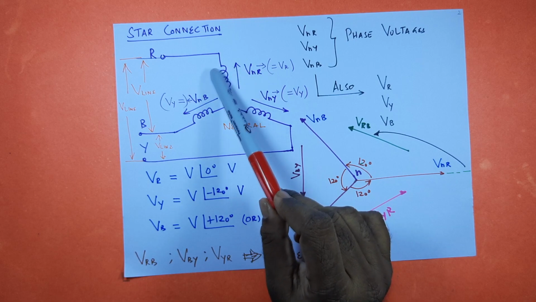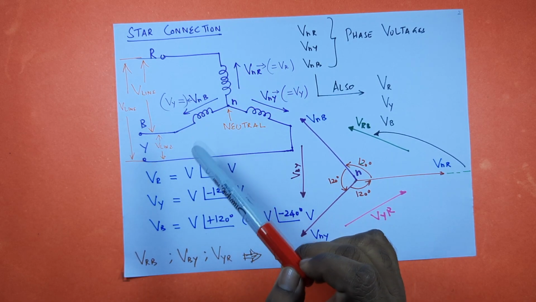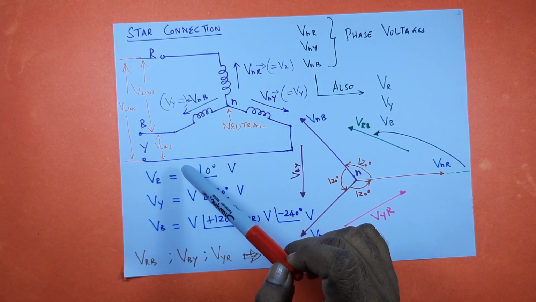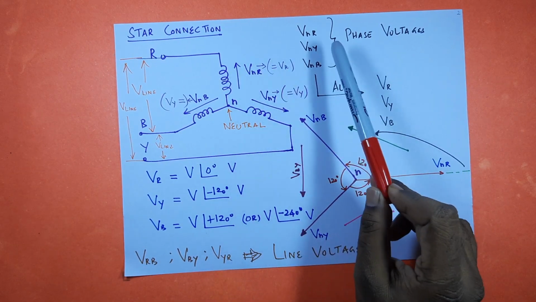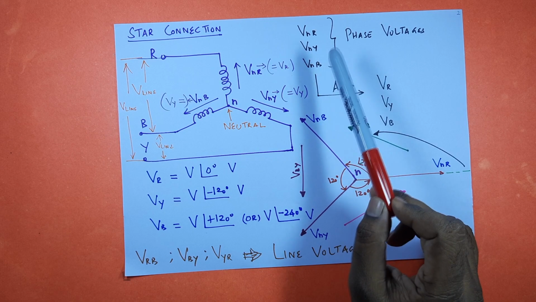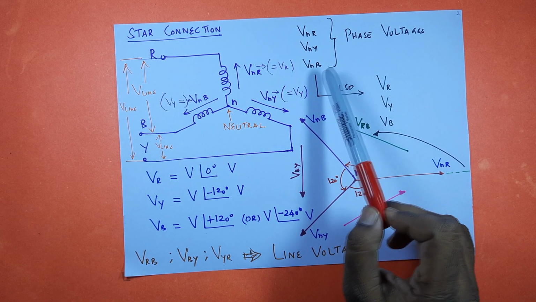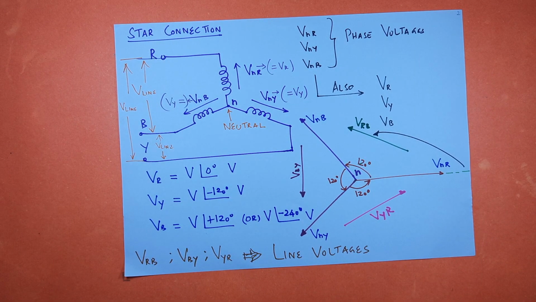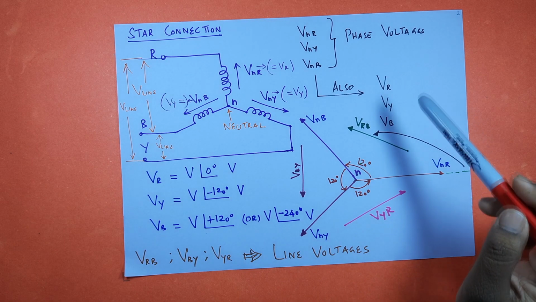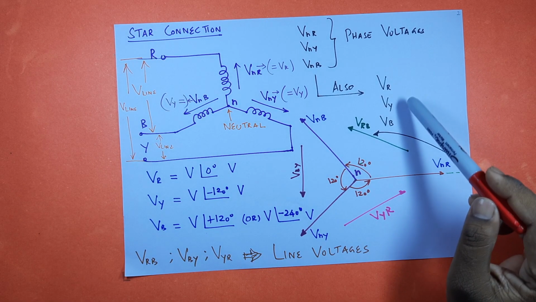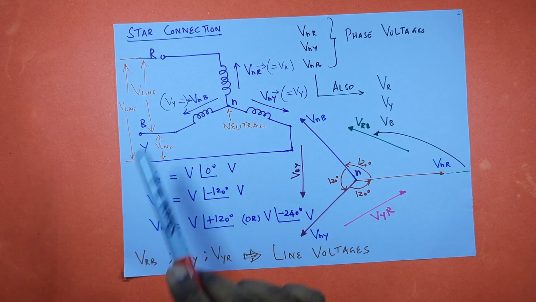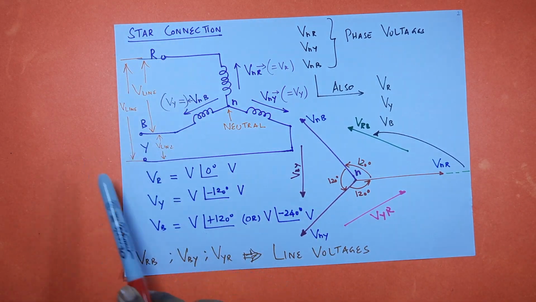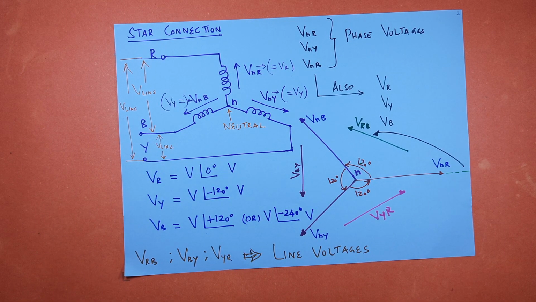The voltages across these three phases are known as phase voltages. That is VNR, VNY, VNB. These three are called phase voltages. This can be represented like this: VR, VY, VB, right? And we have R phase, B phase, Y phase.